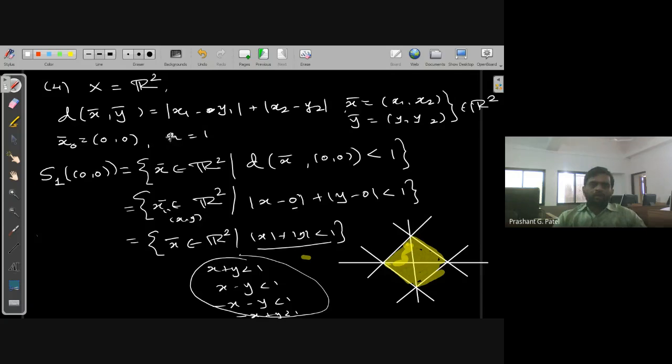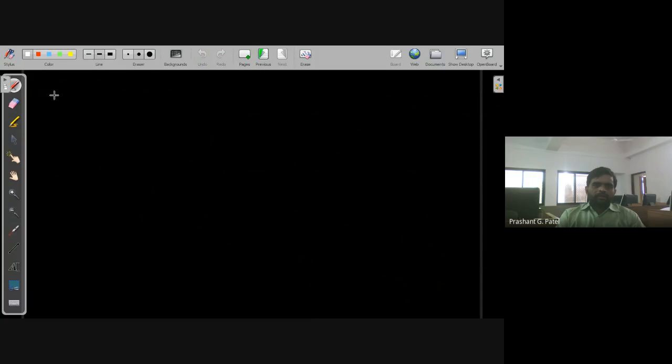So what is my objective here? The fifth example that I can take is with the same space.